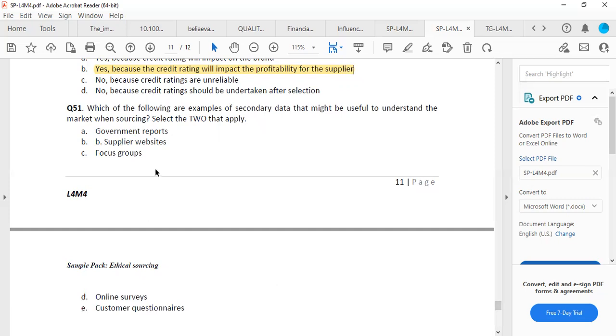Secondary data. Supplier websites. Okay, supplier websites and online survey. Okay. Supplier websites. What about government reports?